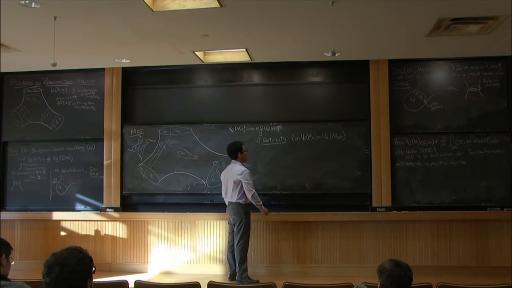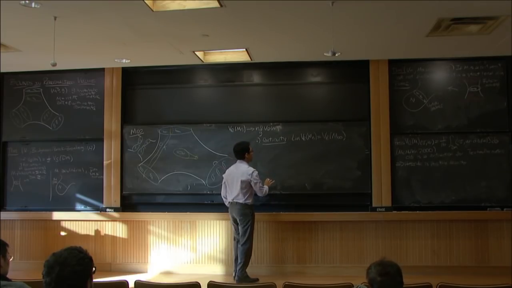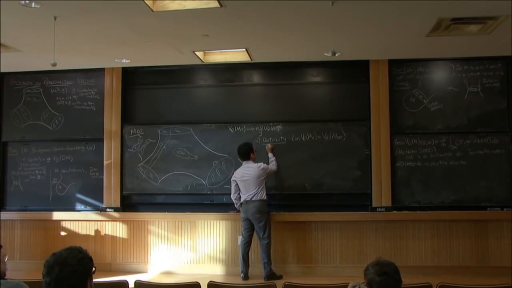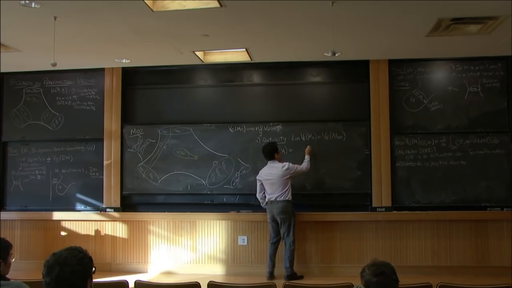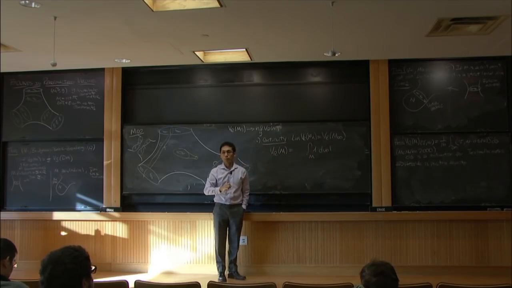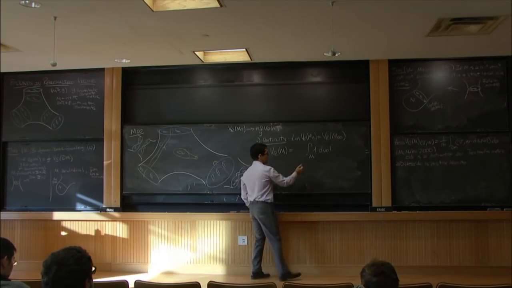So let me give you a quick heuristic why such a thing should be believed, based on the following. This is an alternate definition of renormalized volume. So by volume, we would just like to integrate the function 1. Right? But in this case, that is not possible.